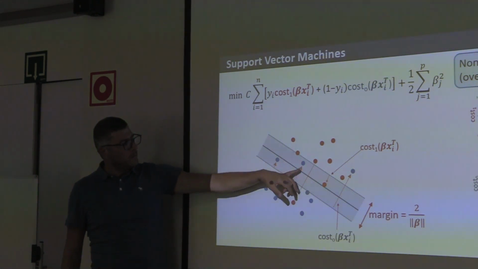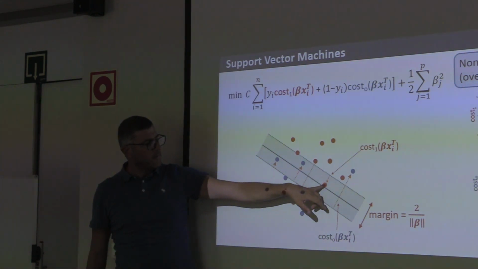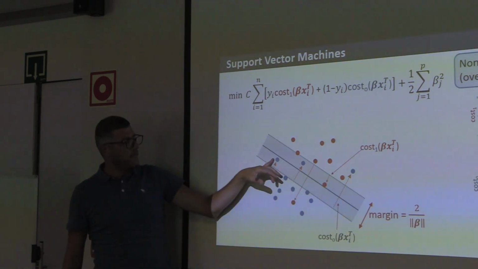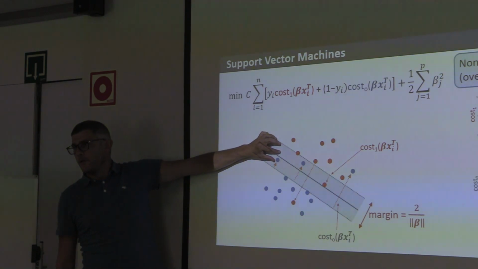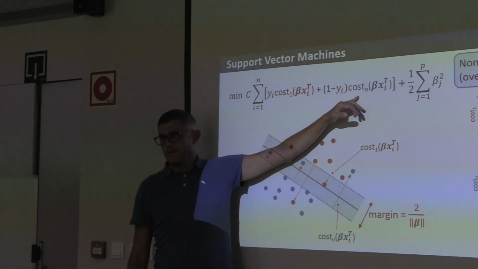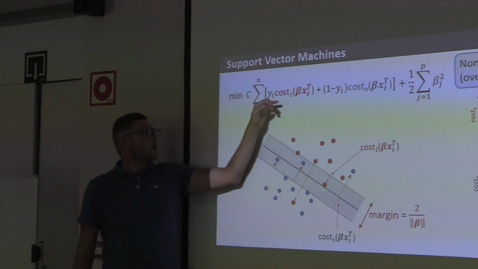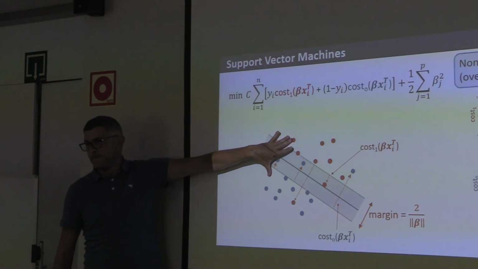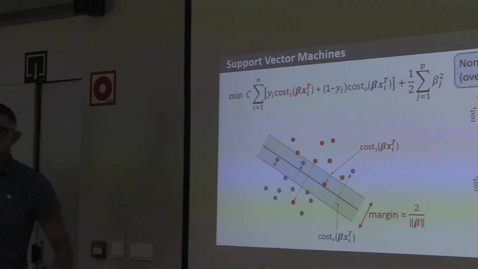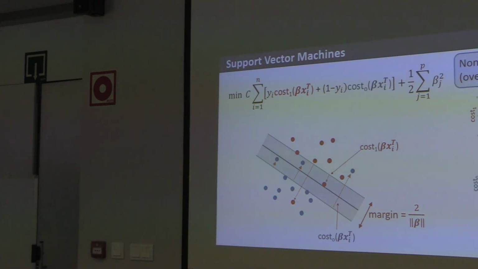How can I reduce, for example, the cost of this sample and this sample? I put a smaller margin here, and the cost will be lower, and this will be decreased. If C is low, you have the opposite: you can have a larger margin.